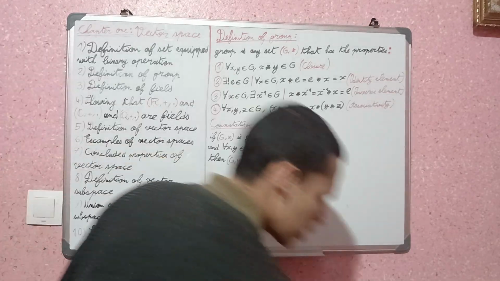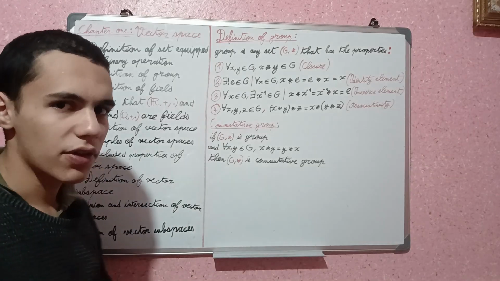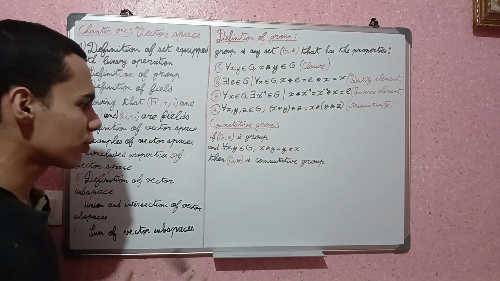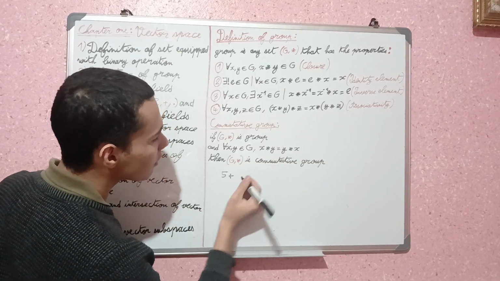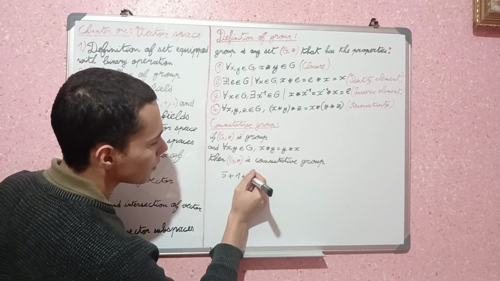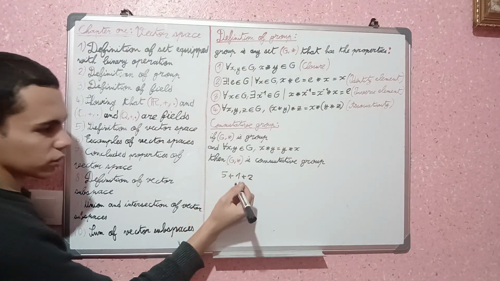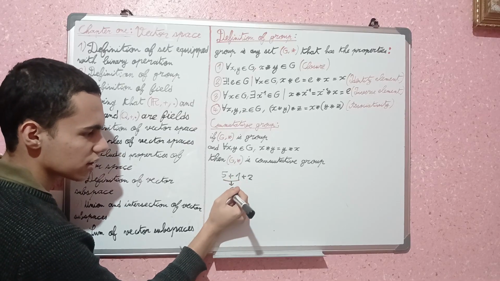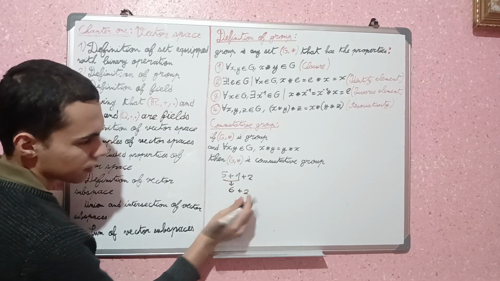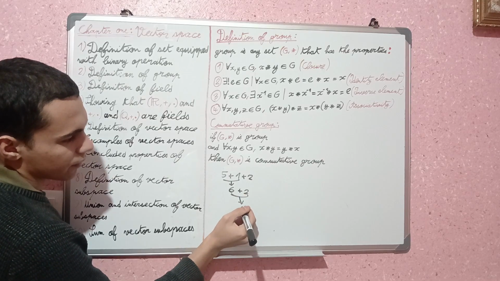The last property is about associativity. I will give you a very intuitive example. For example, 5 plus 1 plus 2. You can begin with these two, and it gives you 6 plus 2. Then you do this, and it gives you 8.